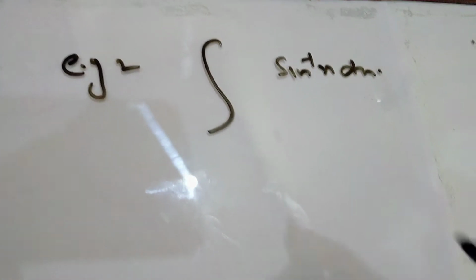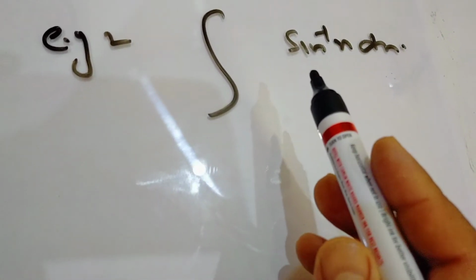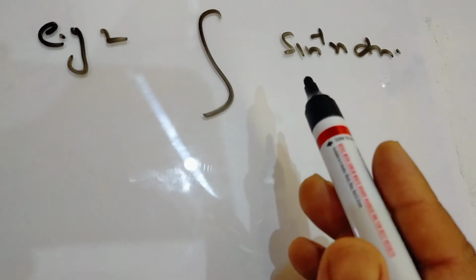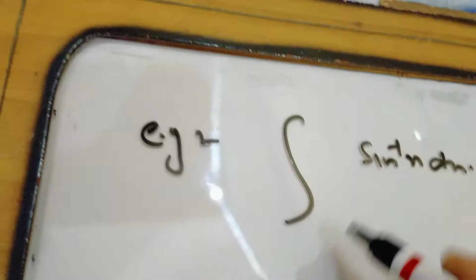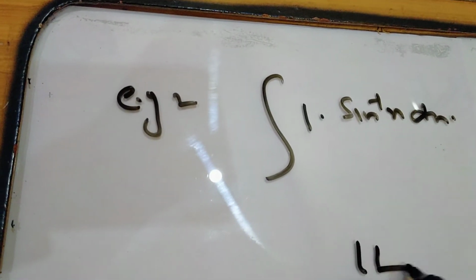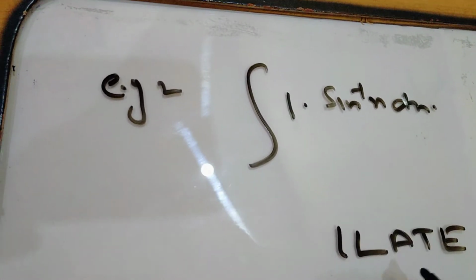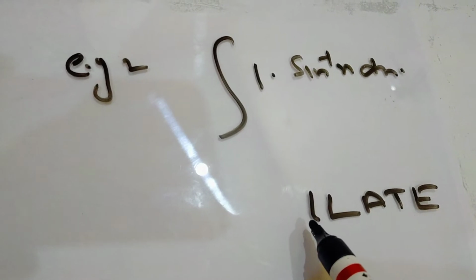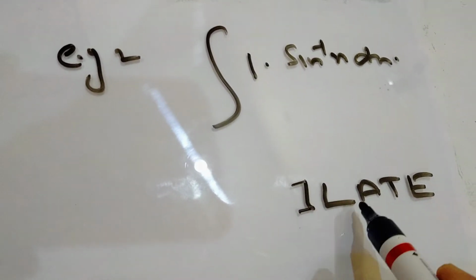Now students, see the second important example. Here also we are not able to find the integration directly because integration of the inverse function is not possible. So here we are going to multiply by 1, and according to ILATE, inverse trigonometry comes earlier than the algebraic function.